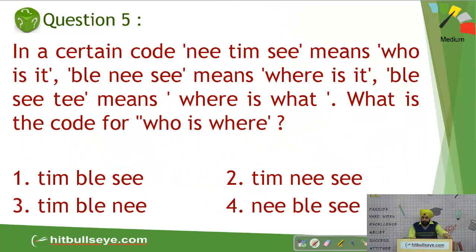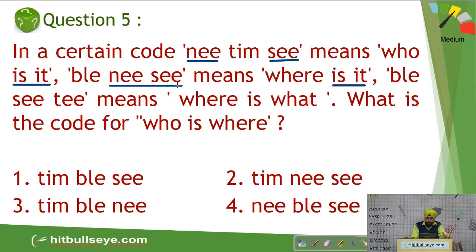This one. Again, it's a coding based question, students. The multiple one. Let's learn here. See, Ni, Tim, see, who is it? Means where is it? Mind it, is and it are the 2 common words, and the 2 common codes are Ni and see.